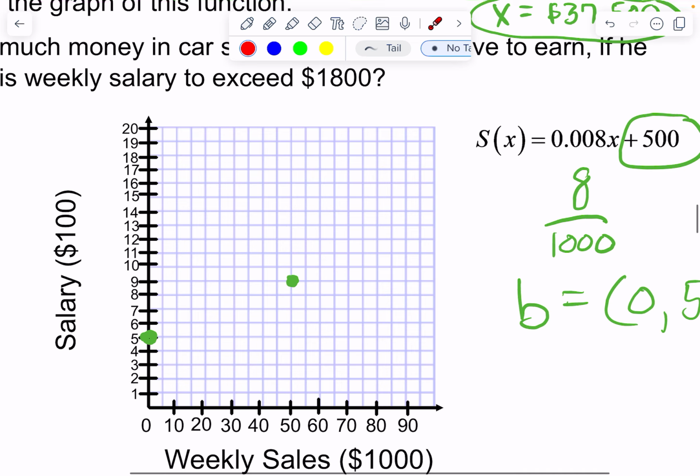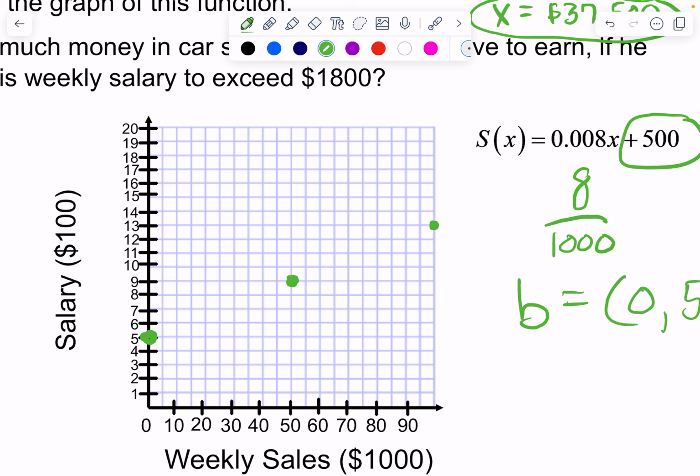So I'm literally going up $400 in sales over 1, 2, 3, 4, 5, 6, 7, 8, 9, 10,000 to the right. So I'm going to go up another 1, 2, 3, 400, and then another 10,000 to the right.